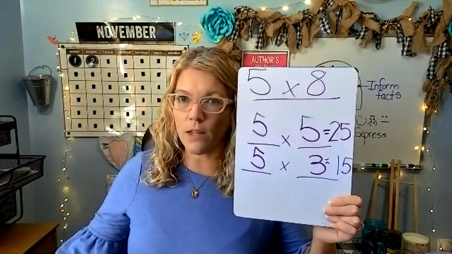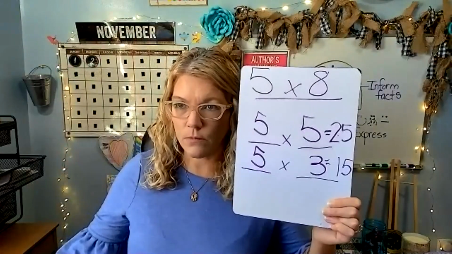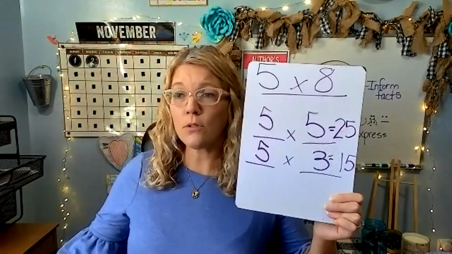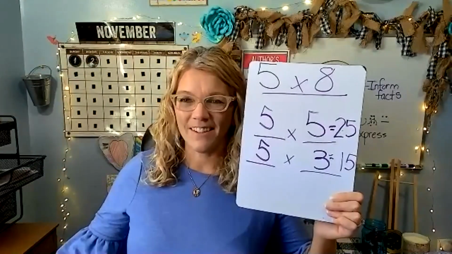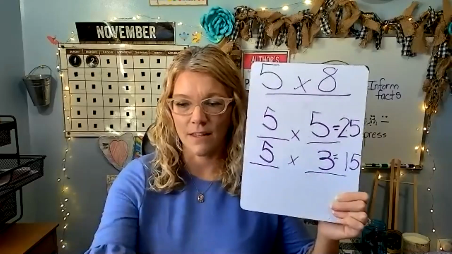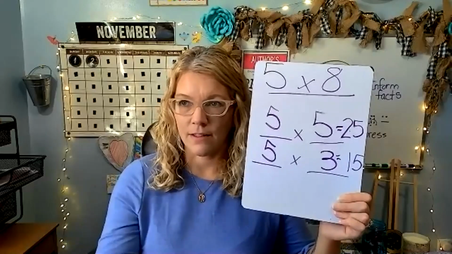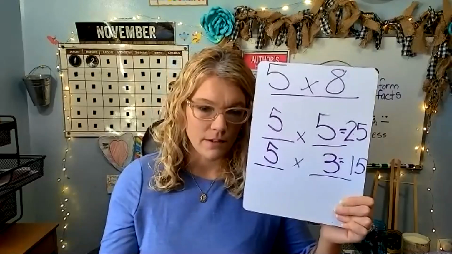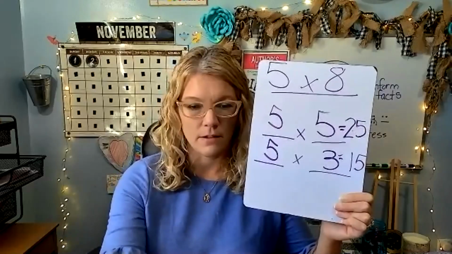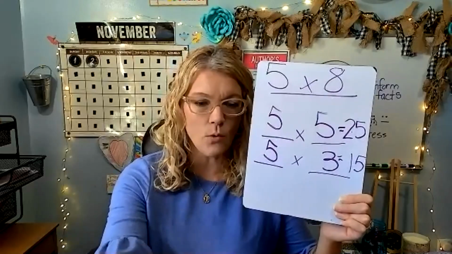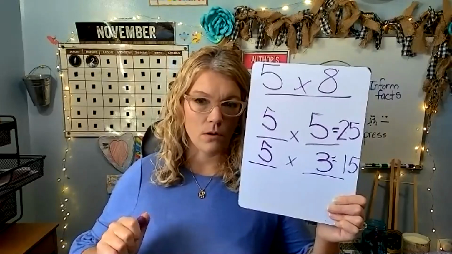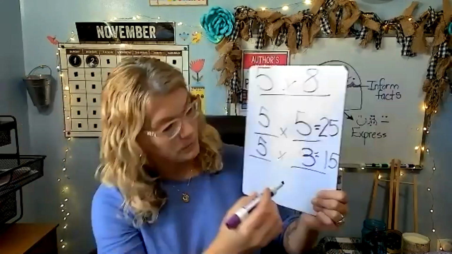Janessa, when you're ready, will you tell us what you got? You can unmute when you're ready. I'm ready. Okay, tell us what you got. I got 40 because I added up 5 and 5, and then I got 10.